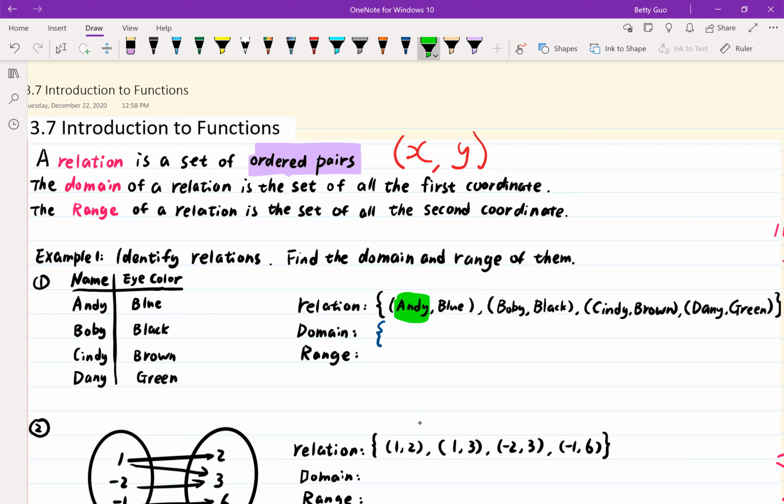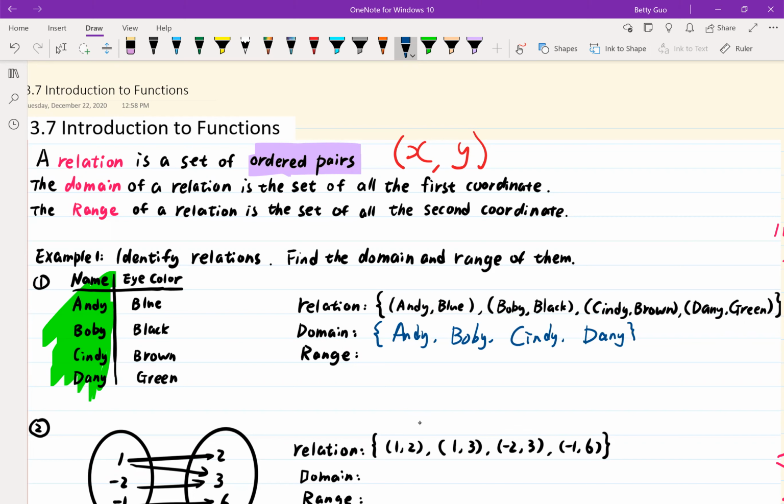What's the first component of the second pair? So the domain actually is column 1. In this case, it is a set containing those people's names: Andy, Bobby, Sandy, Danny.